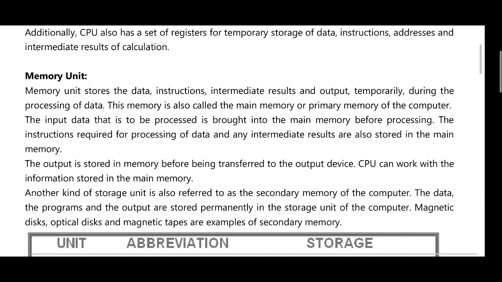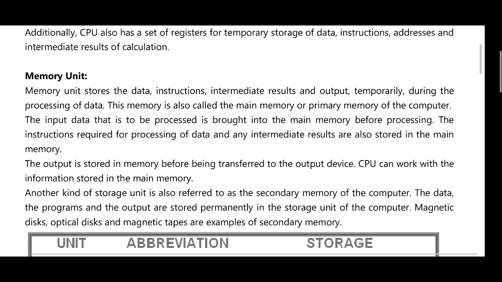And the memory unit stores the data, instructions, intermediate results, and output temporarily during the processing of data. This memory is also called the main memory or primary memory of the computer. The input data that is to be processed is brought into the main memory before processing.